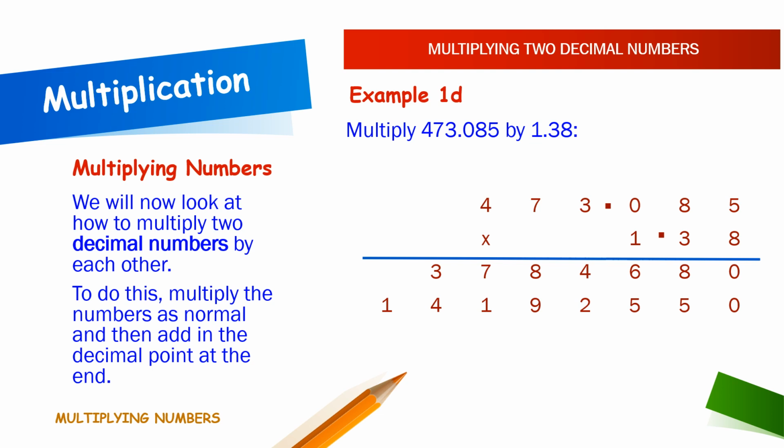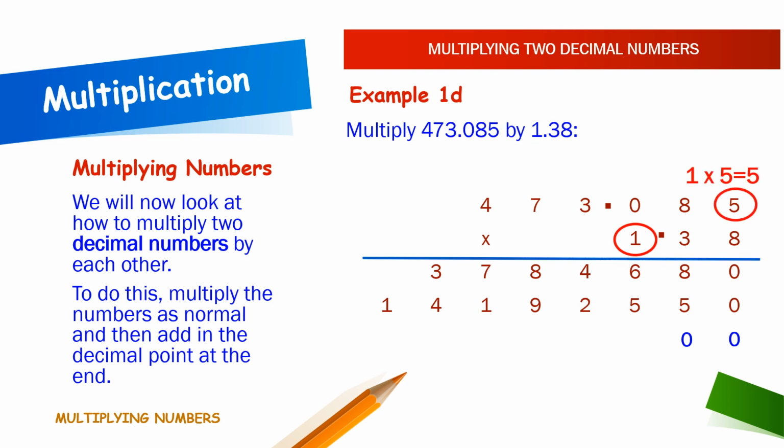We now need to multiply our decimal number by the 1. If we ignore the decimal, this is actually 100, so we need to add 2 zeros in the units and tens in the next row down in our calculations, as shown. We can now progress as we did previously.